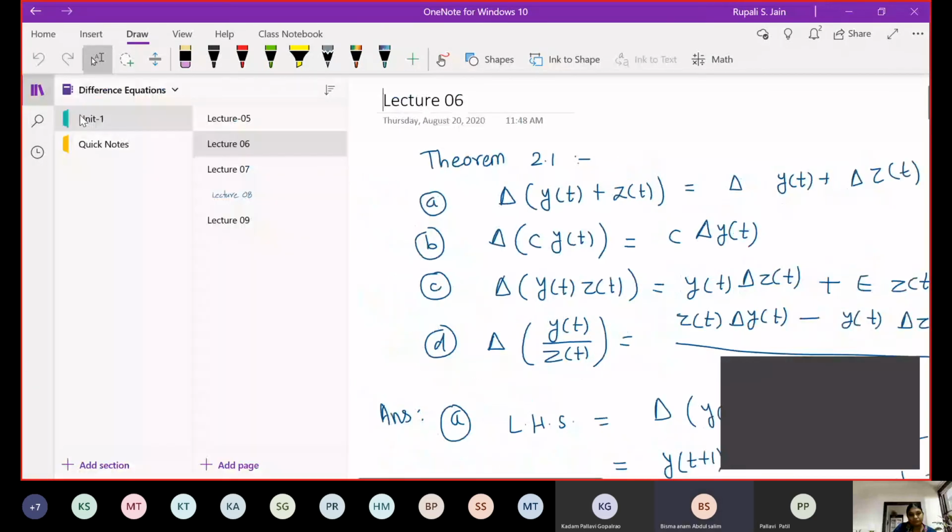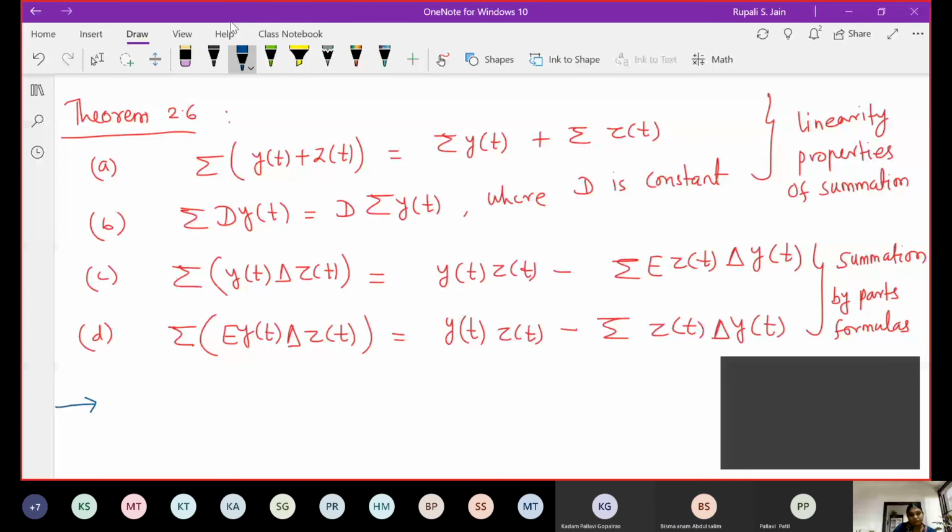I want to prove A. How to prove it? We know that delta of yt plus zt is nothing but delta yt plus delta zt. We know this, and I want to prove summation of yt plus zt.